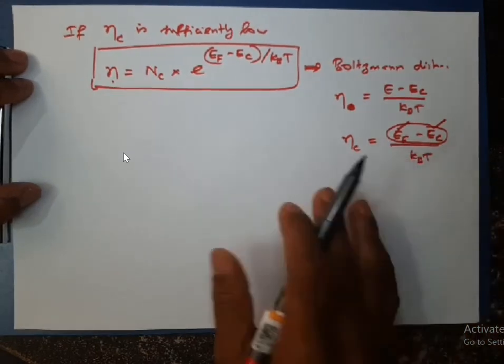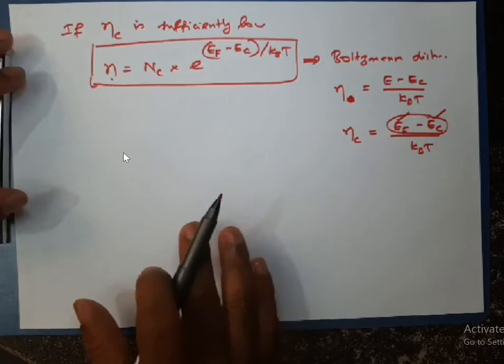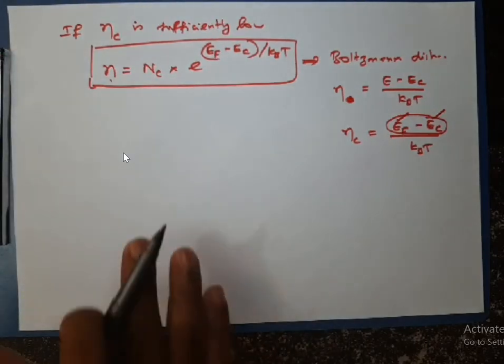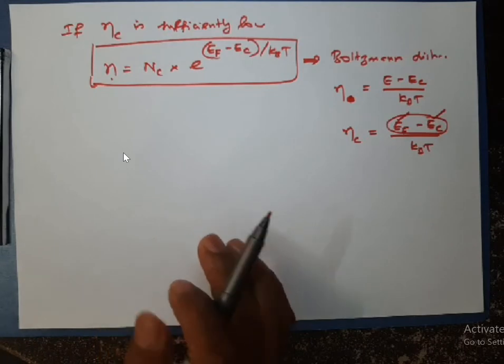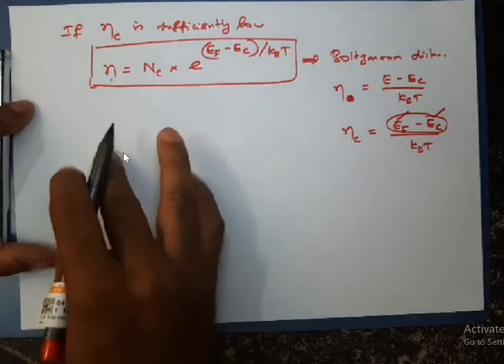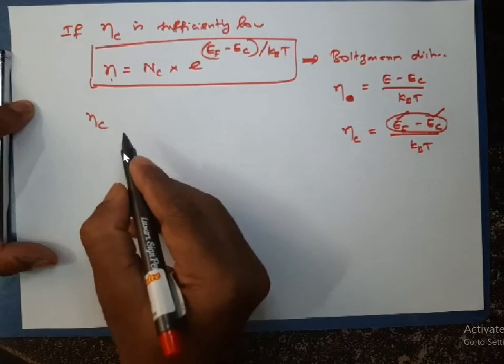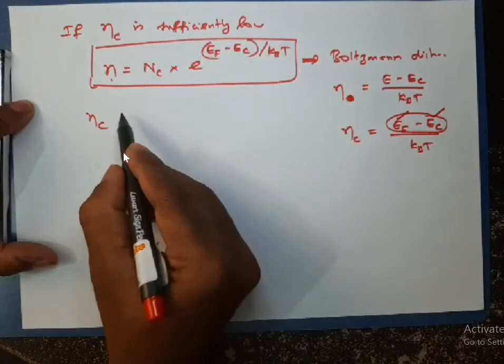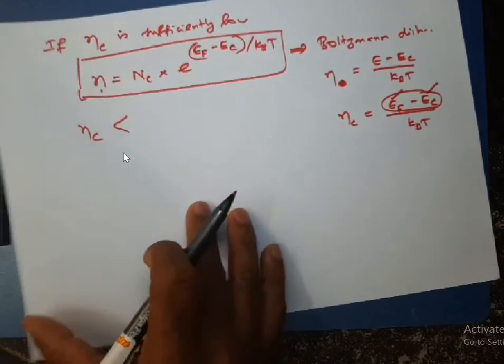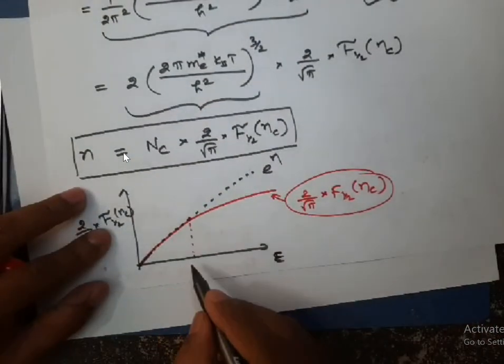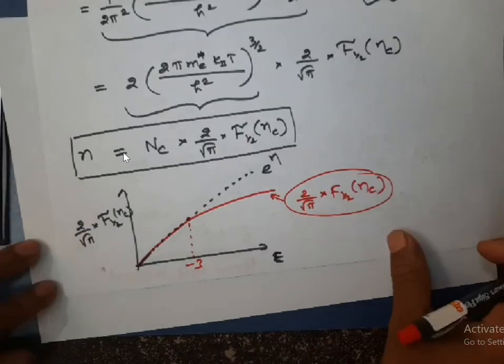We can say it the other way also. If eta c is sufficiently low, suppose assume eta c is less than some value, say minus 3.